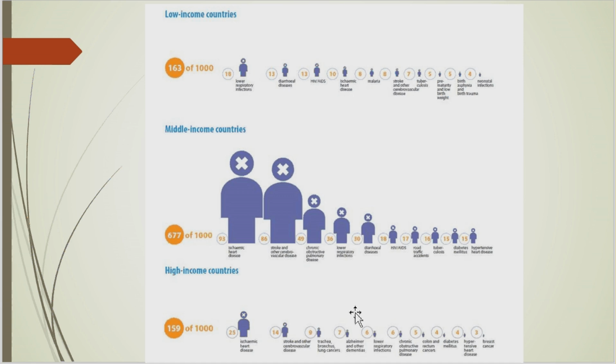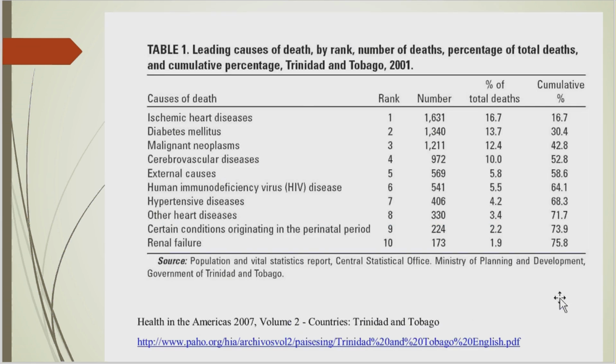So if we take a look at Trinidad specifically, the reasons for deaths in Trinidad, you can see that heart disease, diabetes, malignant neoplasms, not really too sure what that is, cerebrovascular diseases, that would be strokes and so on, and finally external causes.